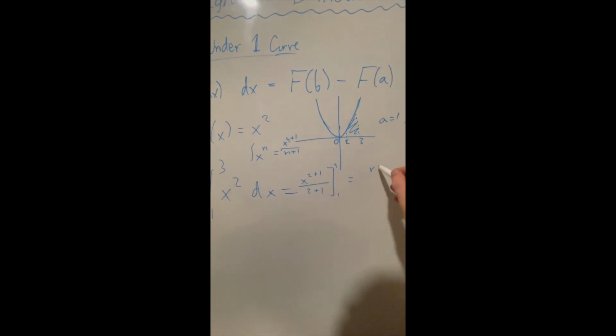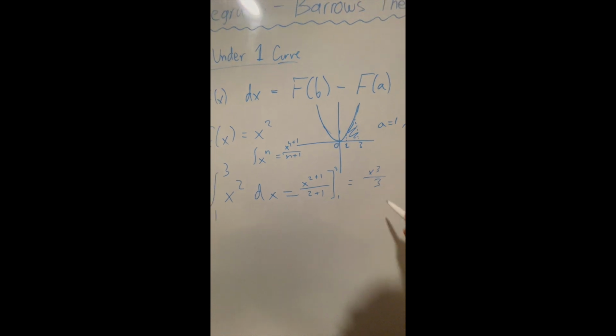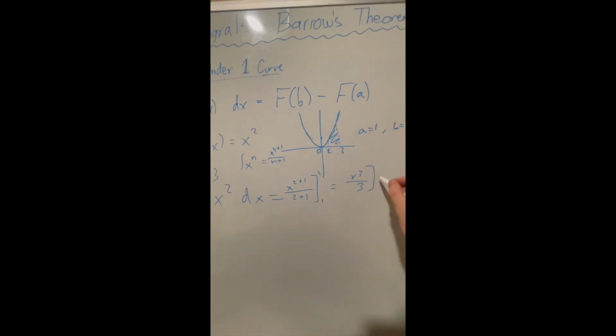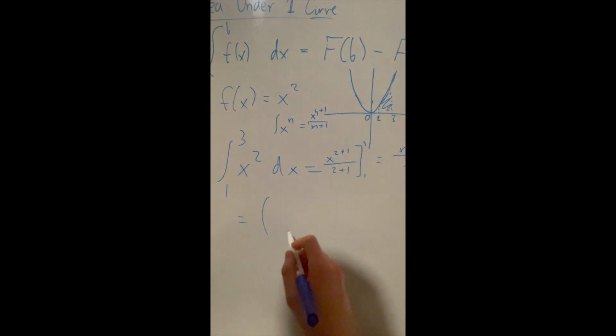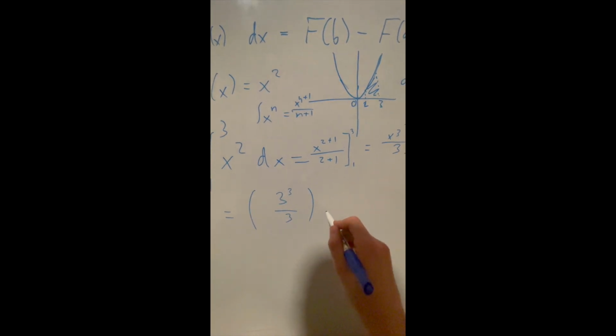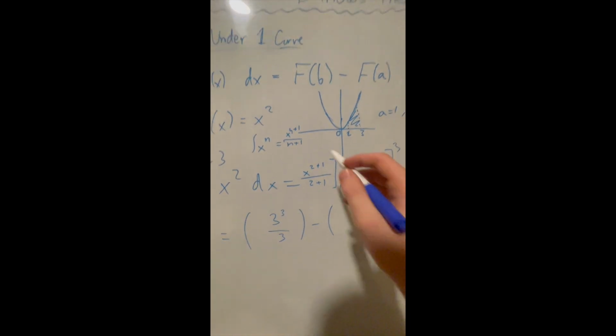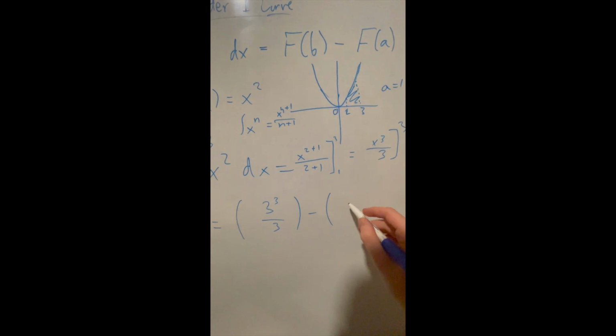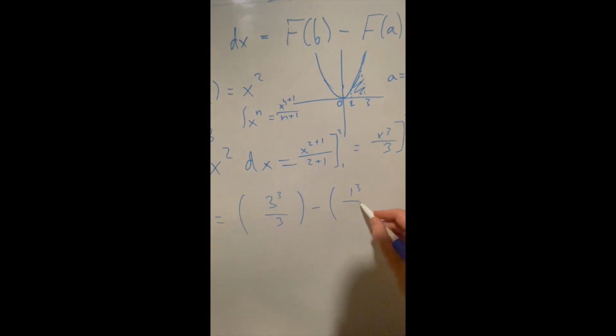This is going to be x to the power of 3 over 3, evaluated at 3 and 1. So we're going to get here 3 to the power of 3 divided by 3 minus, following our formula, 1 to the power of 3 over 3.